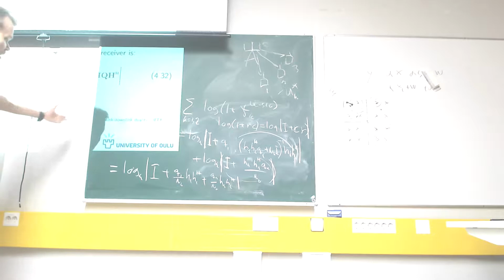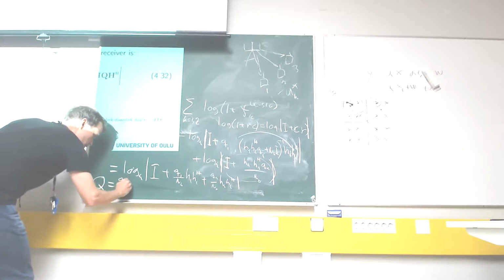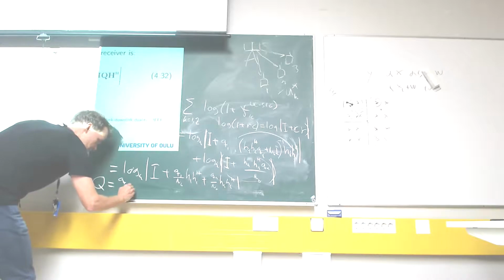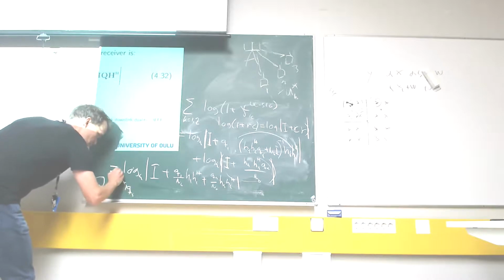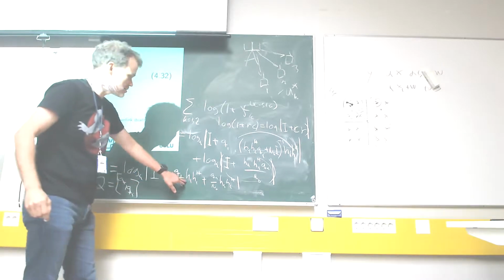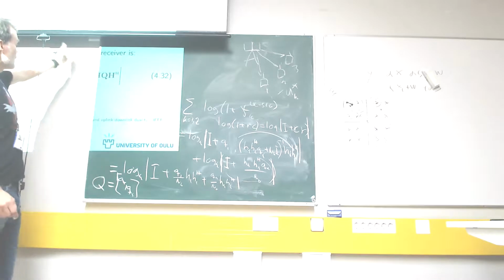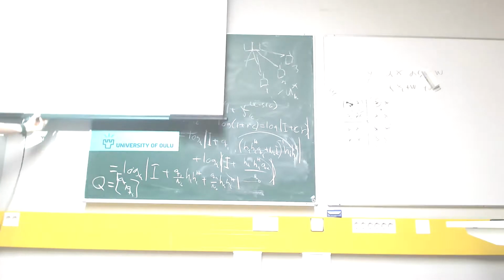And then if you define Q to be the diagonal matrix of Q1 and Q2 and stack H1 and H2 into matrix H, you get, okay.